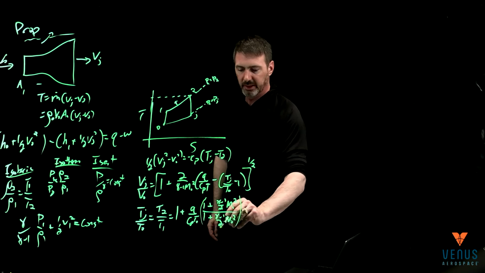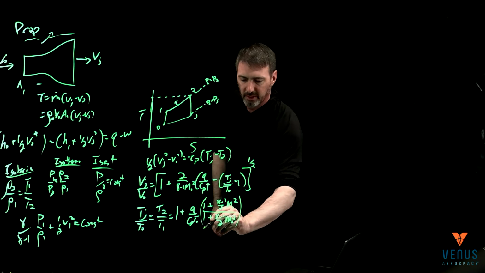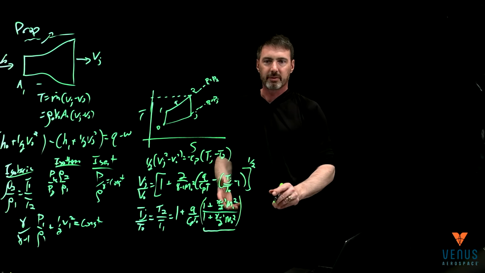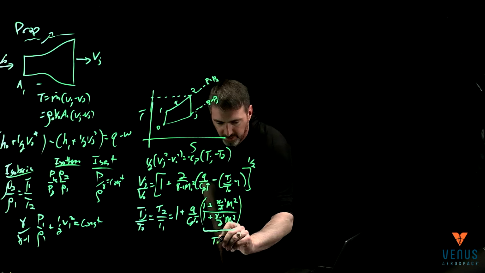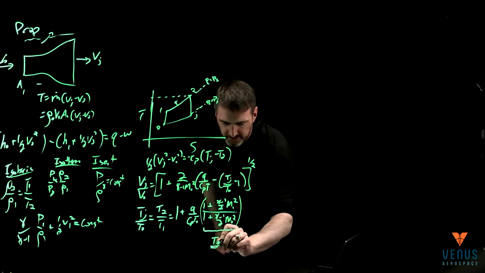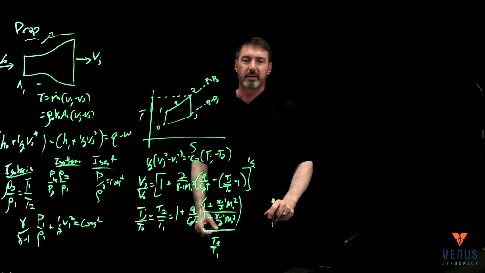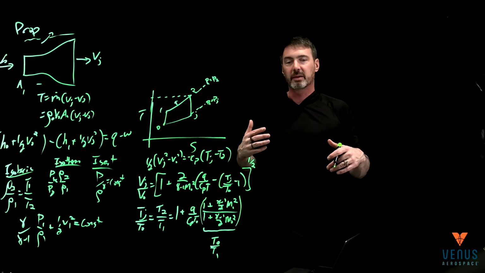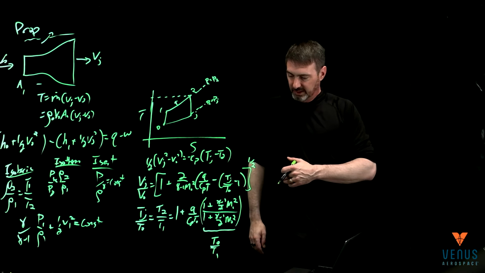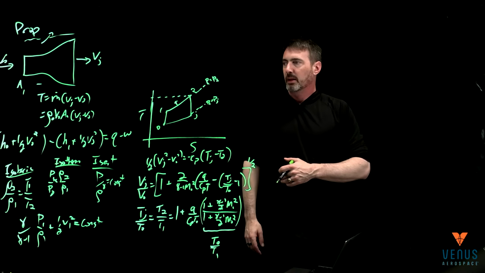This whole term here is really just the ratio of those temperatures. It's written as the ratio of T0 to T1, and it's basically coming from the Mach compression of the cone. So that's pretty useful, okay?